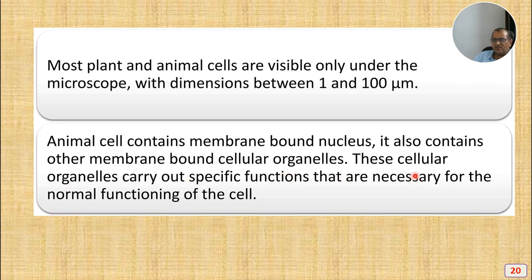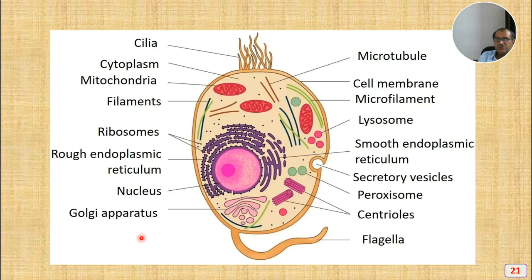These cellular organelles carry out specific functions that are necessary for the normal functioning of a cell. So usually the animal cell structures are adhering to the outer membrane of the cell and do a lot of things which are required for the body.